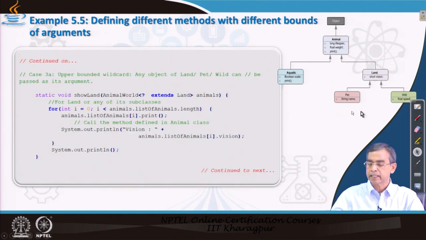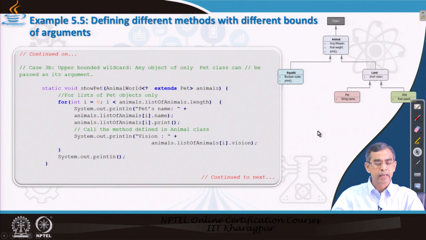The method is called show land, and it extends land, meaning it is an upper bound argument with land, and this method has the scope of this one. Likewise, we can declare other methods, namely show pet and show wild.